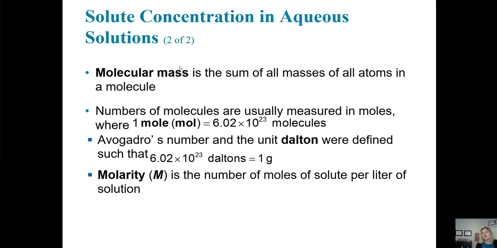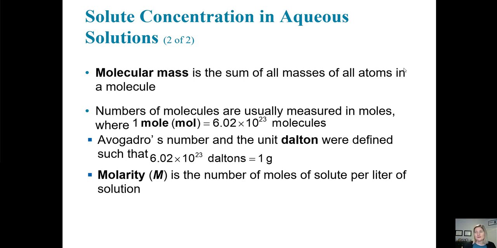Okay, so when we're talking about an aqueous solution, we're going to look at what the solute concentration is of that aqueous solution. So we need to figure out, first of all, what's the solute? And in that solute, we have to look at its atoms.